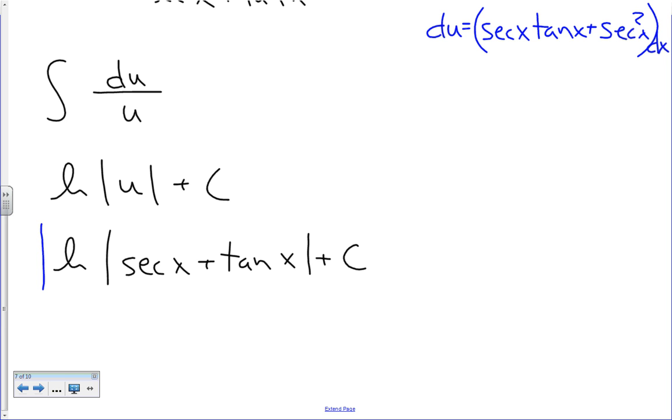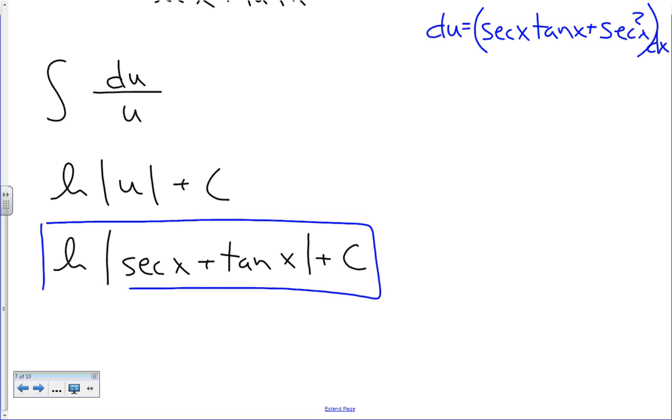Now, in this case, I'm not going to rewrite this at all, because this form actually, as it turns out, is really nice to remember. And again, we already did this up above, but I'll write it down just to refresh your memory: if you were to find the derivative of secant, that's equal to secant times tangent.